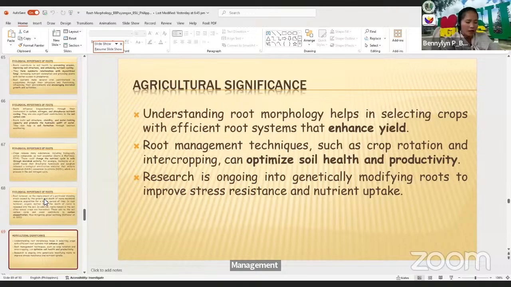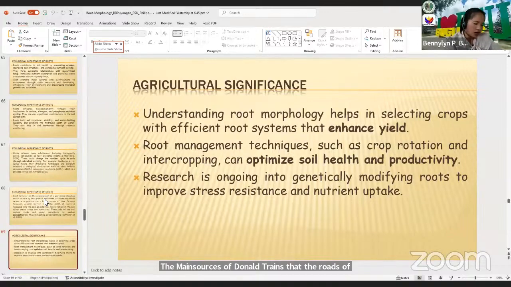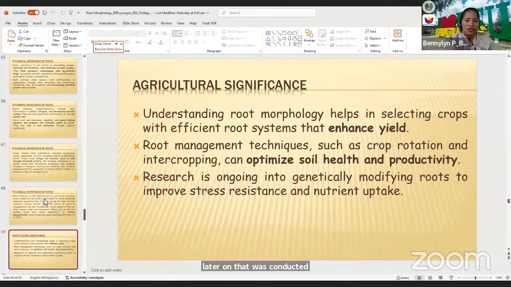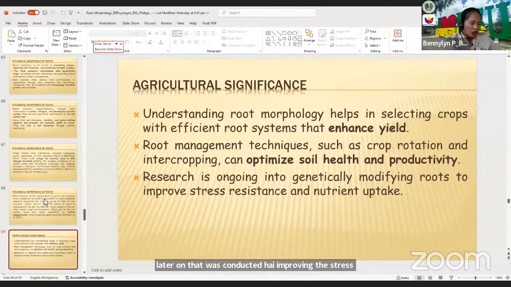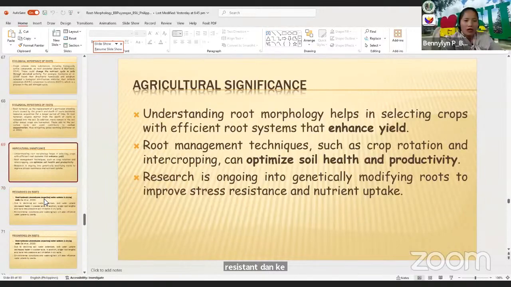Take note that the main source of the nutrients that the roots will absorb is in the soil. Research is ongoing into genetically modifying roots to improve stress resistance and nutrient uptake. So let's take a look at the researches later on that were conducted on improving the stress resistance and how it uptakes nutrients within the soil. Okay, so that's for the significance.